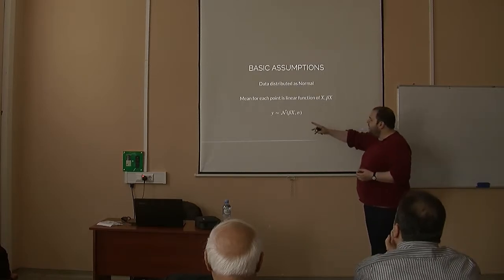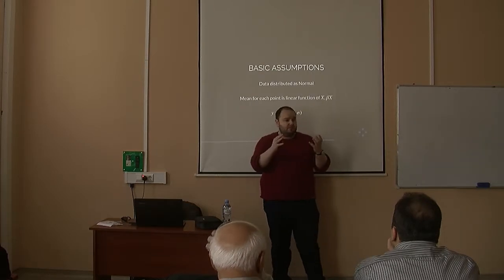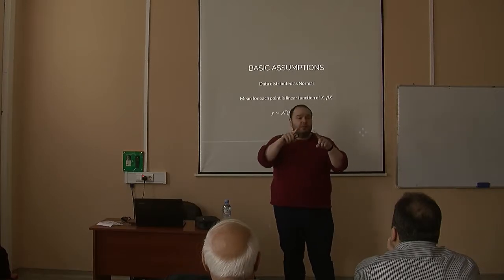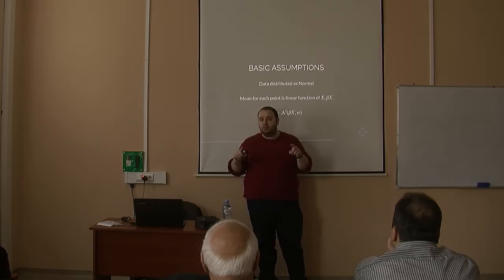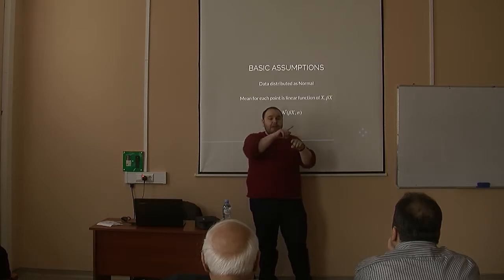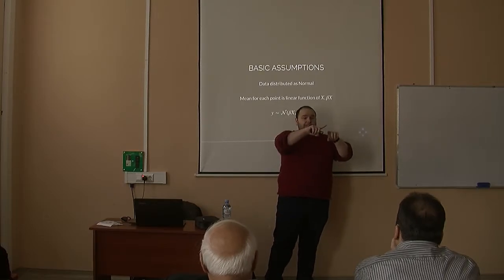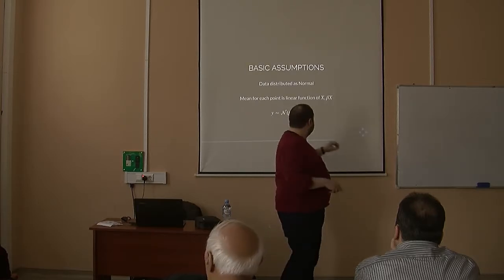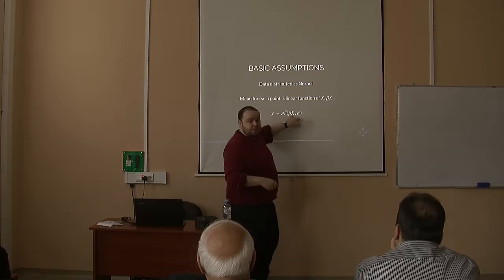So what we're assuming here is that for any given set of input values, the output variable is going to be a normal distribution. And what we're trying to do is fit the mean of that normal distribution. For every single data point, we can think of it as being sampled from a separate normal distribution, where the variance is constant, it's this sigma, but the mean has been calculated from this particular formula.